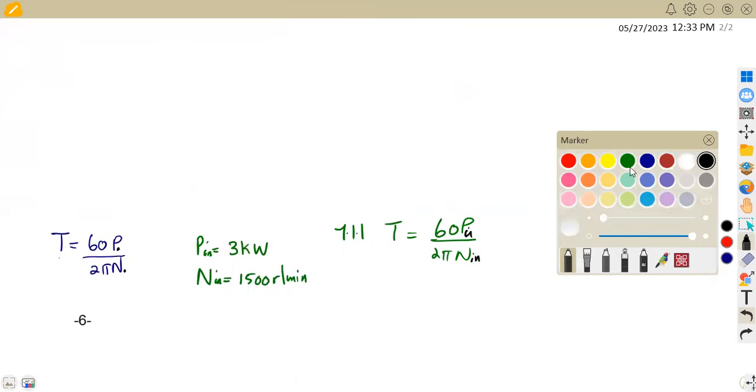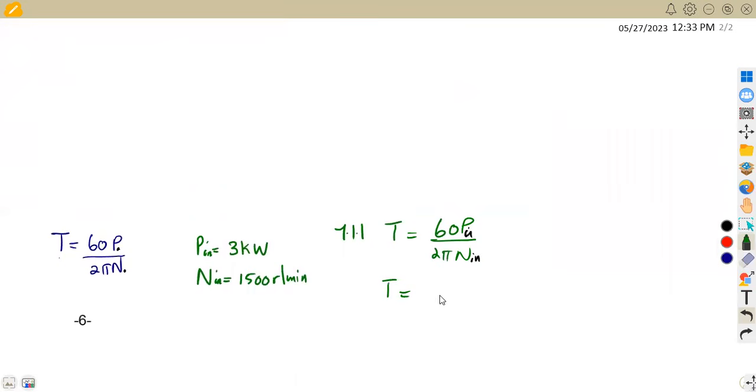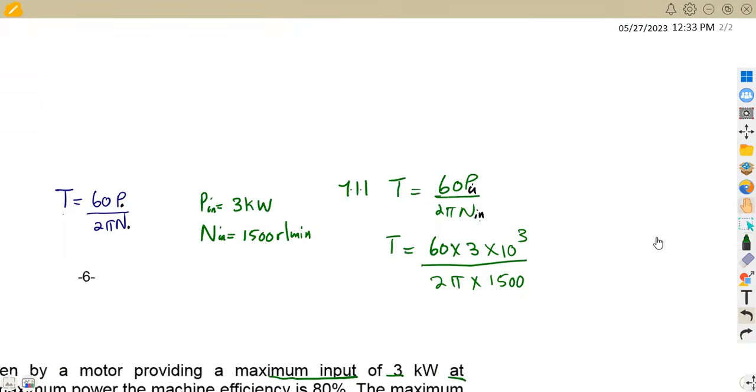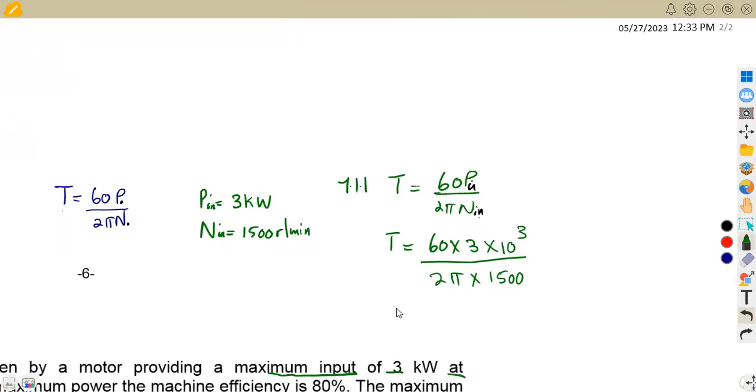From this, we can calculate our T, because we are given the input power of 3 kilowatts, that's 3 times 10 to the exponent of 3, and the input speed that corresponds at that power of 1,500 revs per minute.